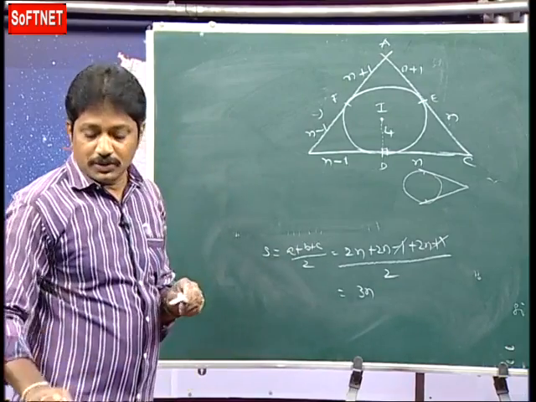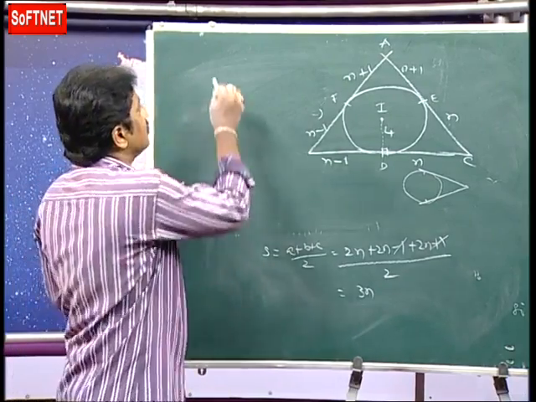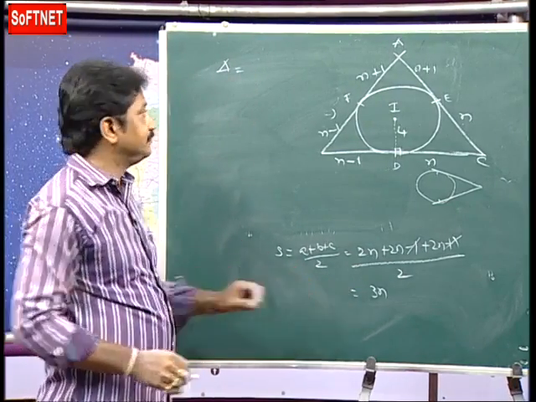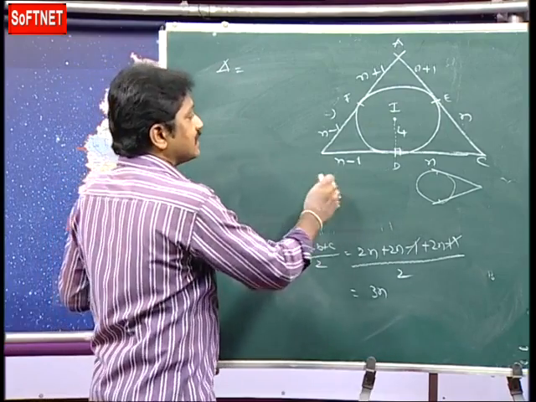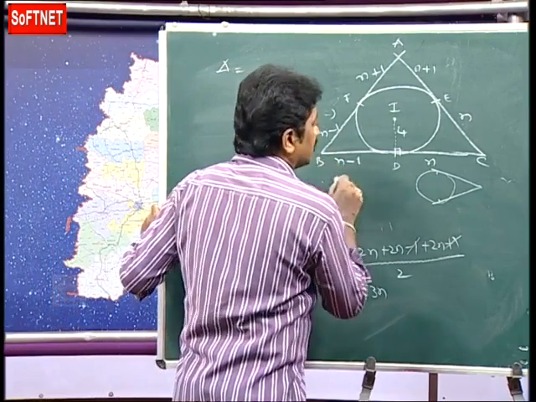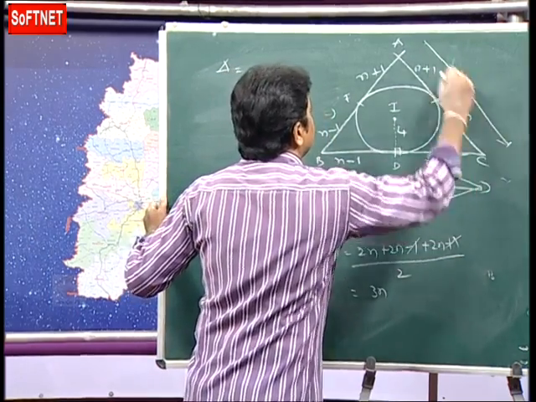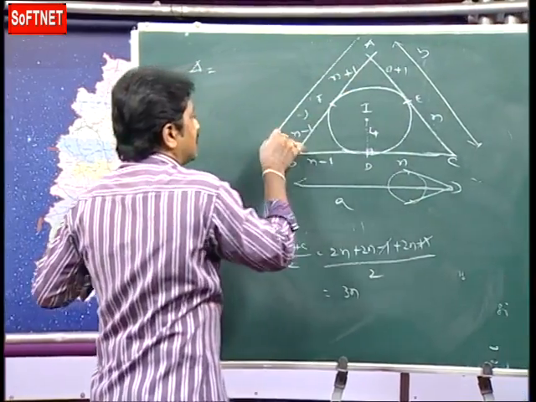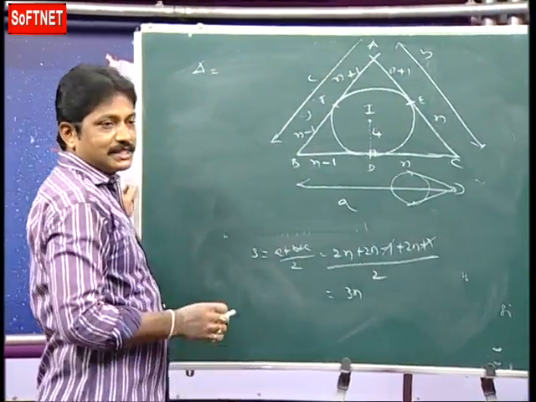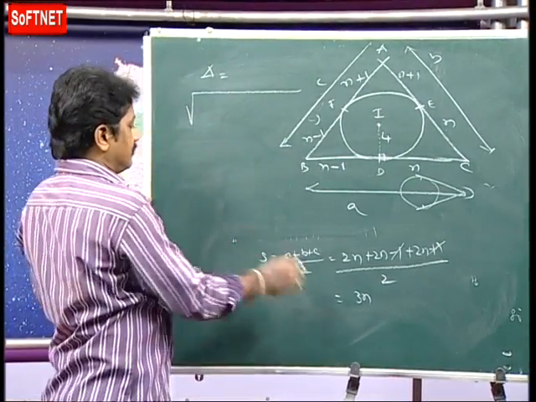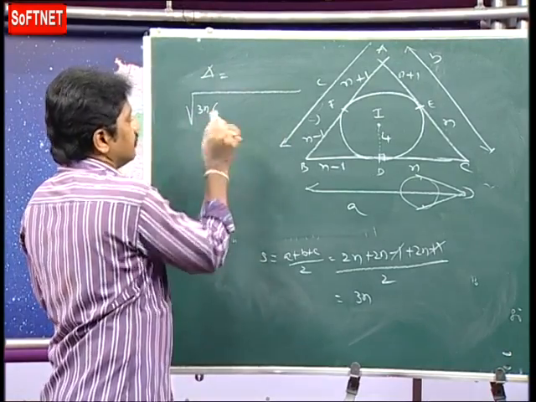Now I am going to use the area formula. Of course, you know that delta is equal to root over s, where s is 3n. The first side we call BC, we will say it is a, and this one is b, and this one is c, because of opposite vertices. So we can write root over s, s is total 3n.